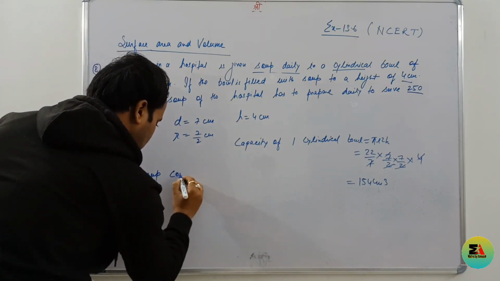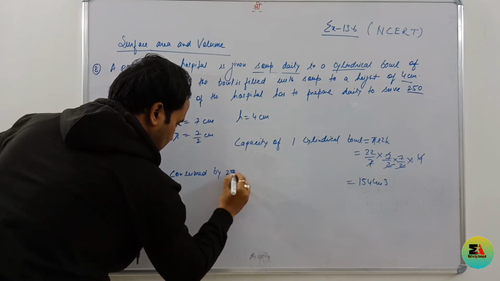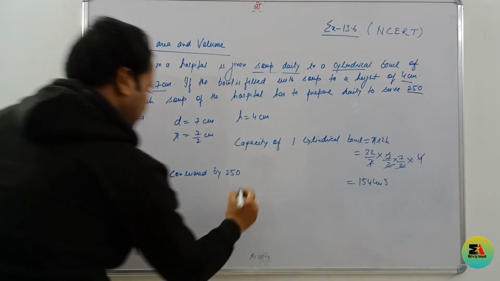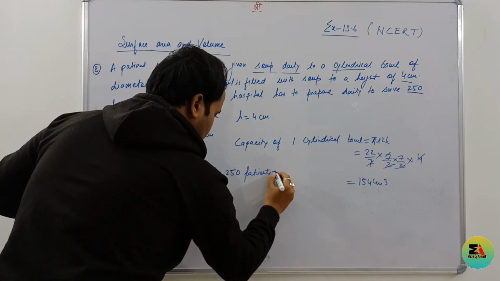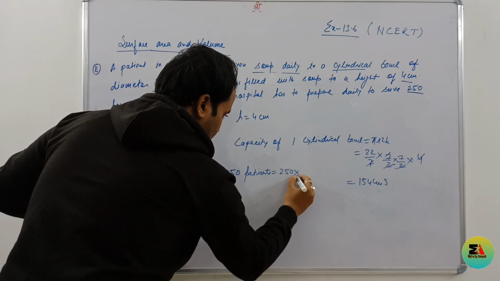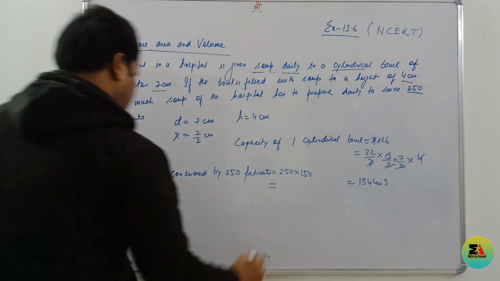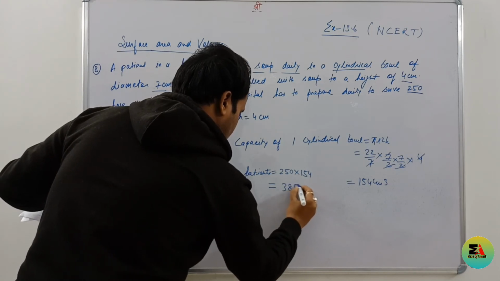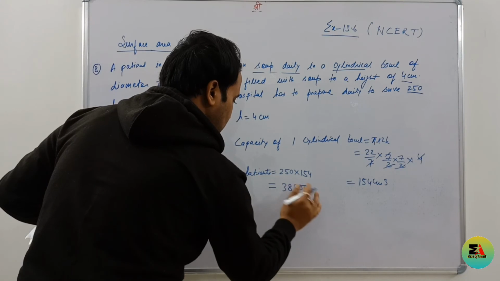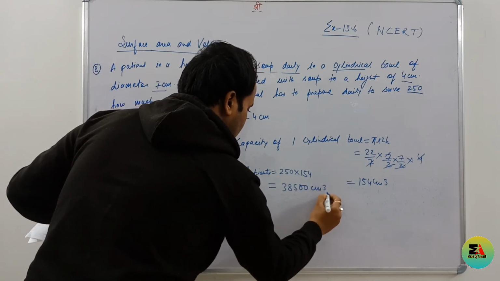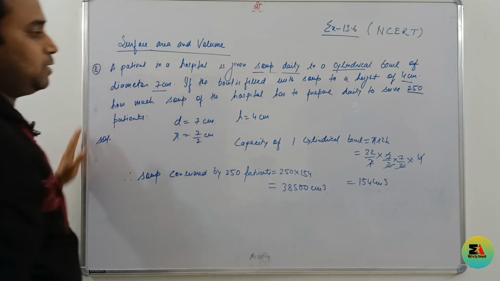Soup consumed by 250 patients is 250 into 154. After multiplying, we get 38500 centimeter cube. Clear? I hope this one is clear to you.